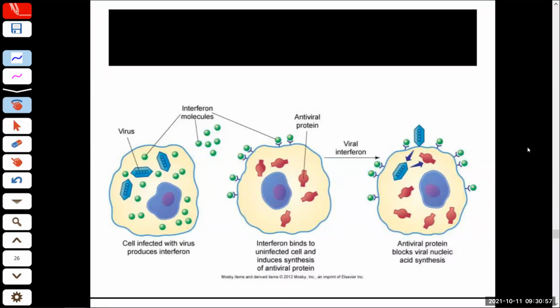The neighboring cells get that interferon, like, oh, okay, a virus is in play, let's get ready. So when this cell dies and releases that virus, we are ready to directly attack that virus. So interferon is a paracrine signal for fighting viruses.